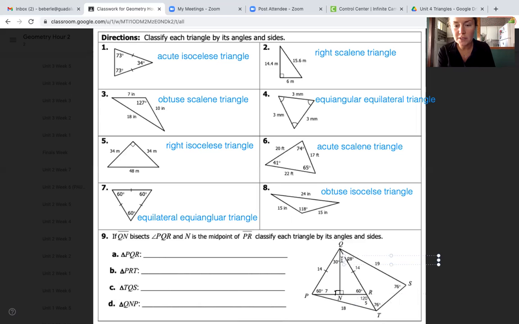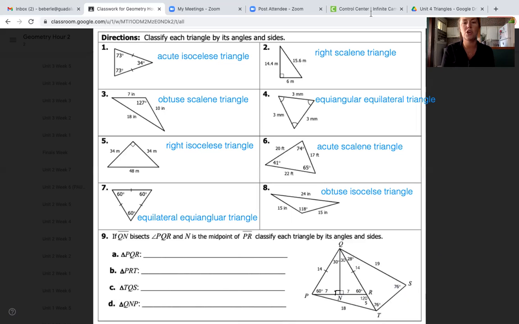Well, if half of the angle is 30, that means the other half is also going to have to be 30. Okay. It also says that N down here is the midpoint of PR, which means that each of these pieces are going to be 7 because you see a 7 on the other side, which makes the whole thing 14. All right. So now we've filled in, I think, almost everything that we could fill in.